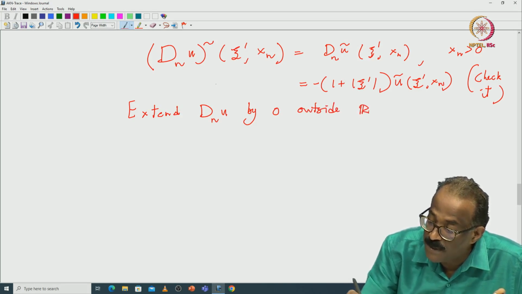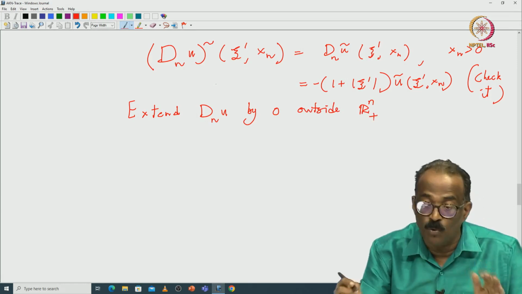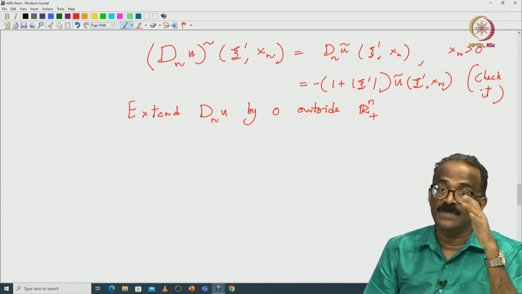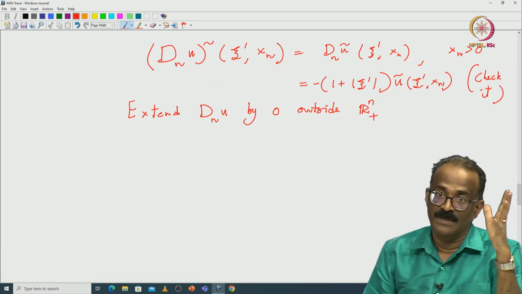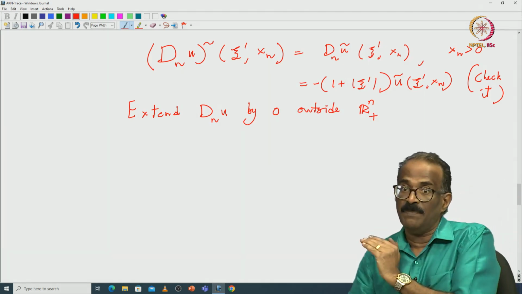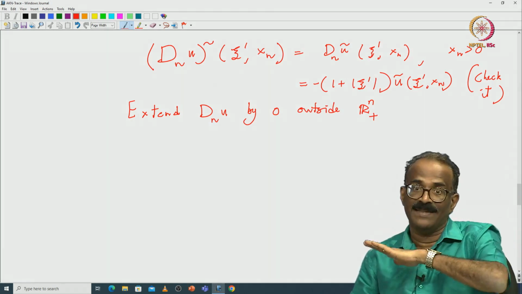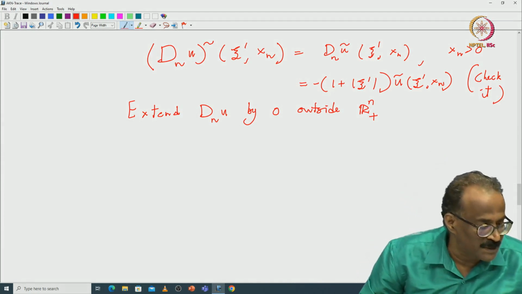That is fine, because in the L2 setup you have to prove that your dn of u is in L2 of Rn plus. So that extension by 0 will retain that, in L2 spaces.